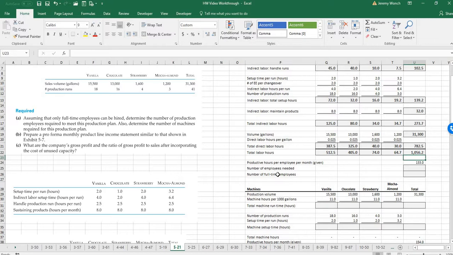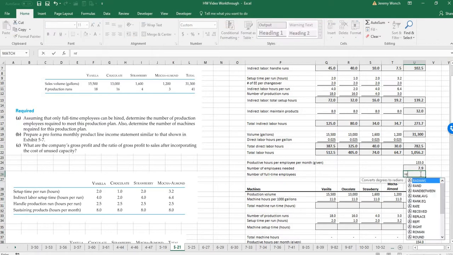The problem tells us each employee has about 133 productive hours each month. So how many employees do we actually need? If we take the total hours divided by our 133, that gives us 7.9 employees. But we obviously can't hire just 0.9 of an employee, so we're going to have to round that up. We can use the round up function.